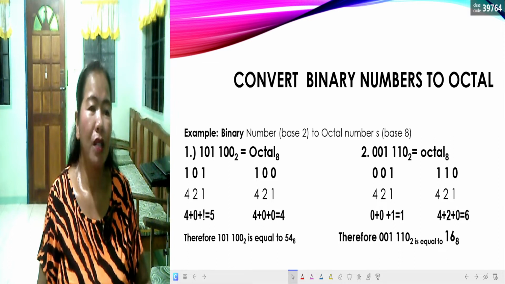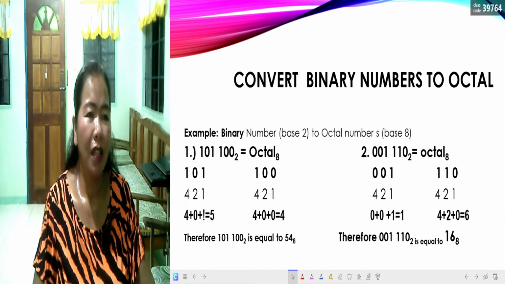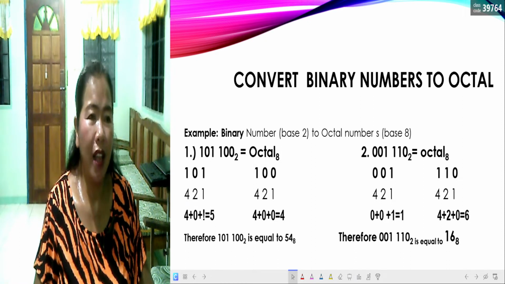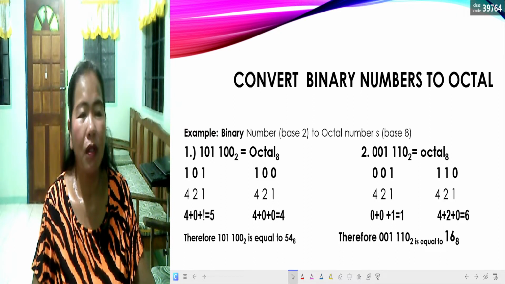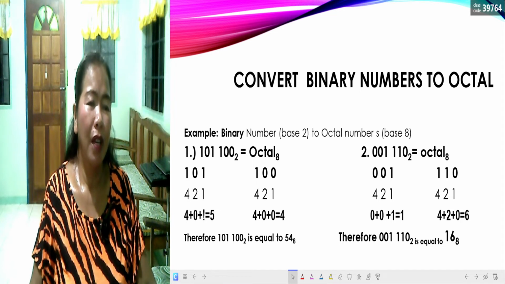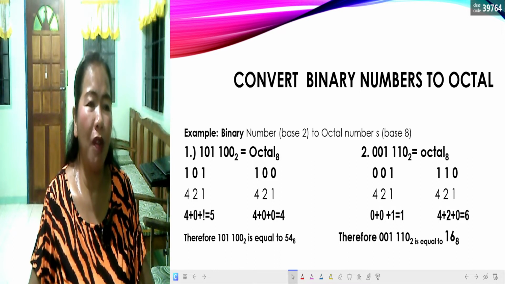So again, for this time, 101, 100, you have to assign 1, 2, 4 in every digit. All the 1s should be multiplied by the multiplier equivalence.